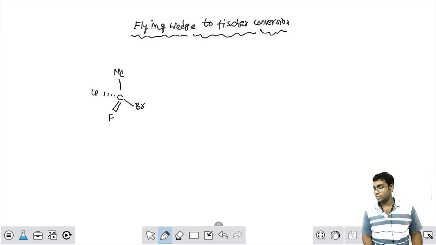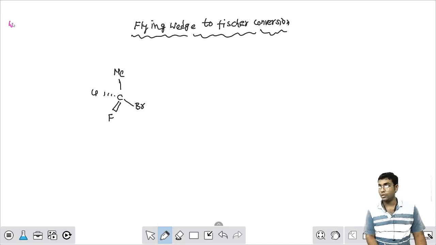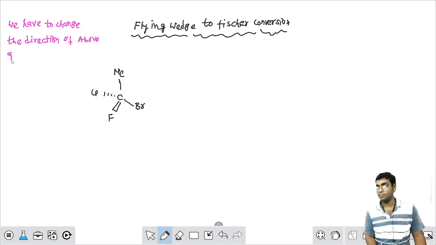So the rule was that we have to change the direction of the above atom, the group which is present above the plane.